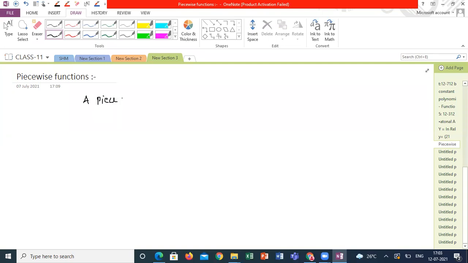A piecewise function is a function defined by multiple subfunctions.